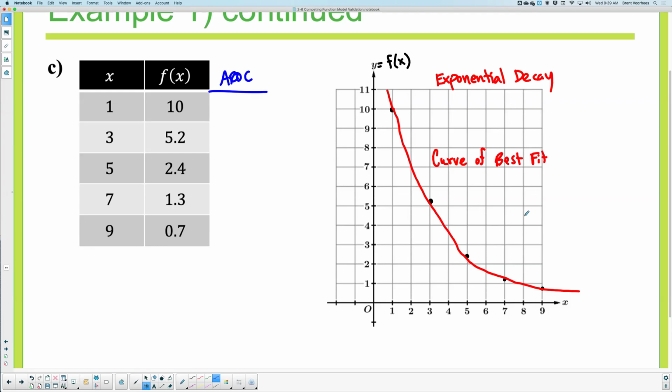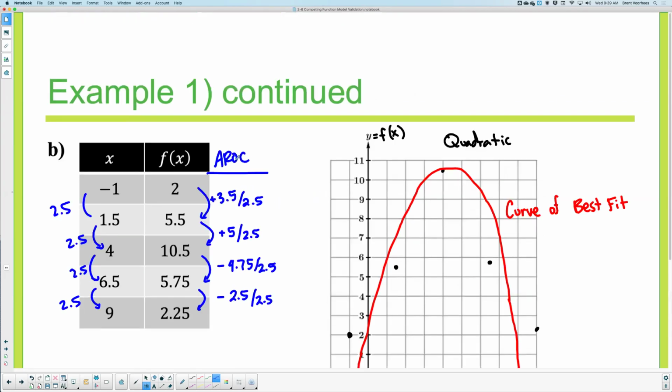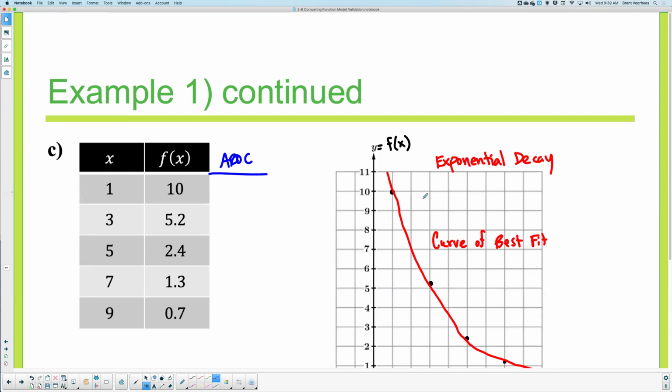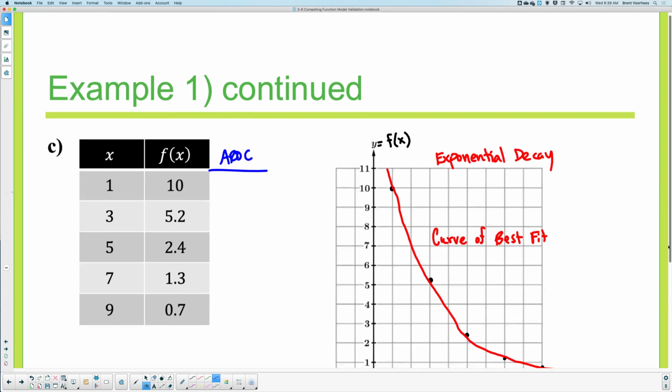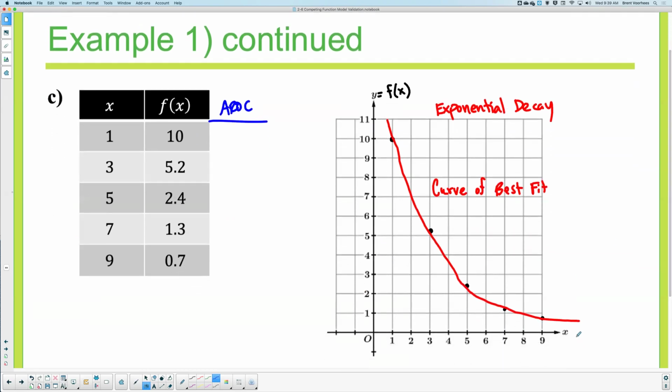No. So a true graph that had good points, if it was concave down, not only would they be decreasing, the AROCs would be changing by decreasing. What's happening though on an exponential, what I'm looking for is that it should be decreasing at a proportional rate, meaning it's being multiplied or divided.